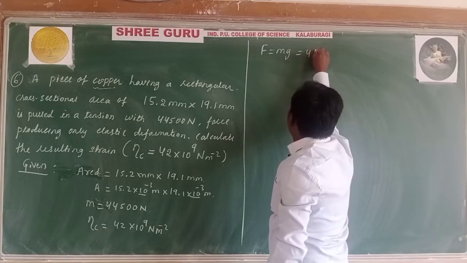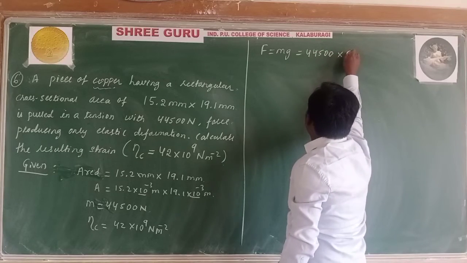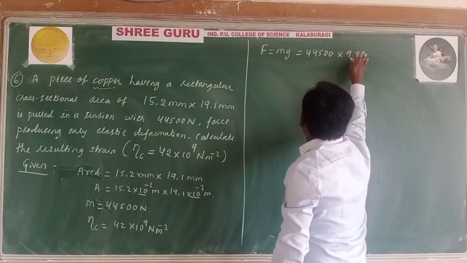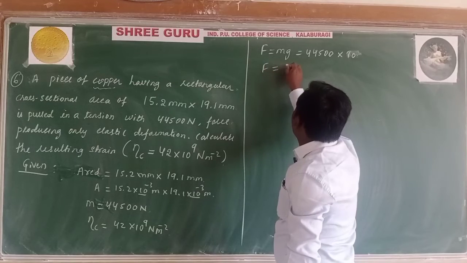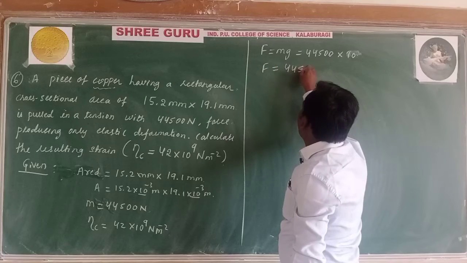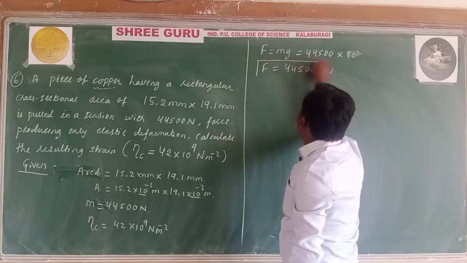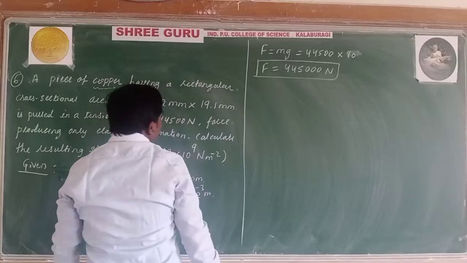Mass is 44,500 into acceleration due to gravity 9.8, or you can consider nearly 10. F is equal to 445,000 Newton. This much force is acting on that piece of copper.